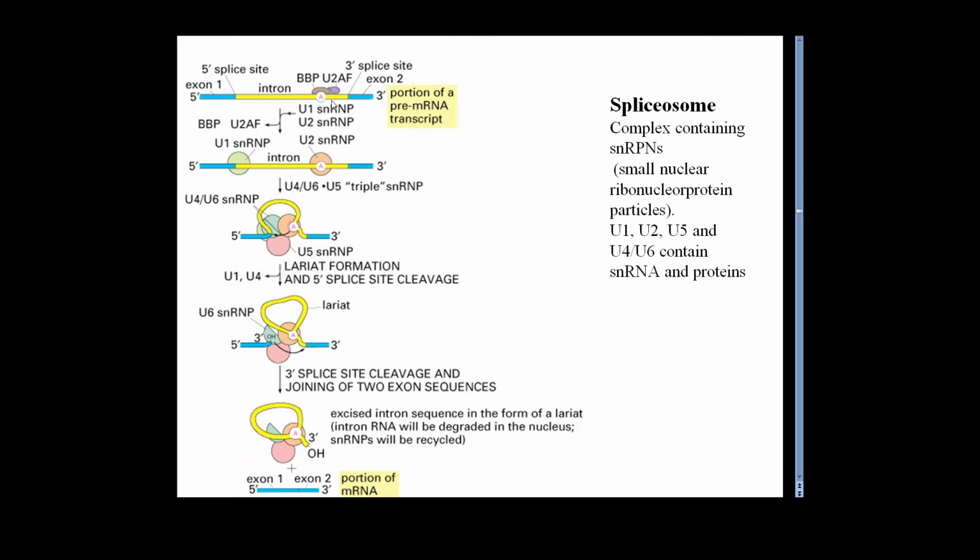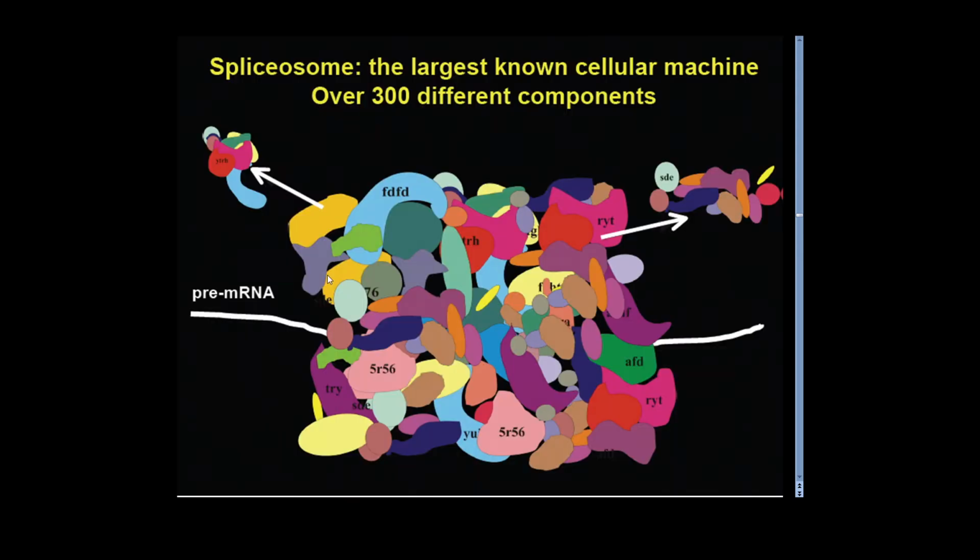Introns by themselves can facilitate their excision. Some tens up to some hundreds of components can participate in forming this so-called spliceosome, very big, maybe one of the largest cellular machines.